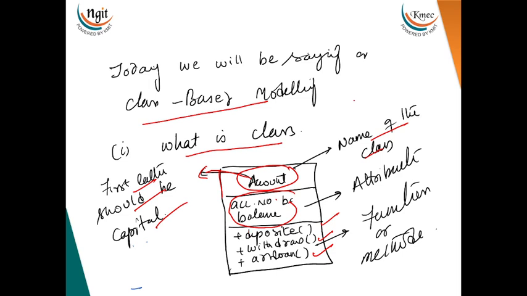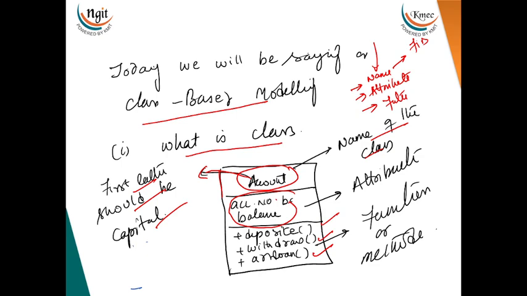So a class has three things: the name, its attributes, which we can also call properties, and its functions. The name's first letter should be a capital letter, and it represents a real thing, with information about it.